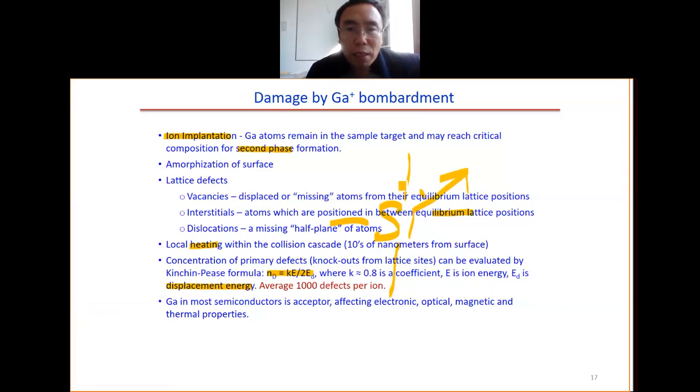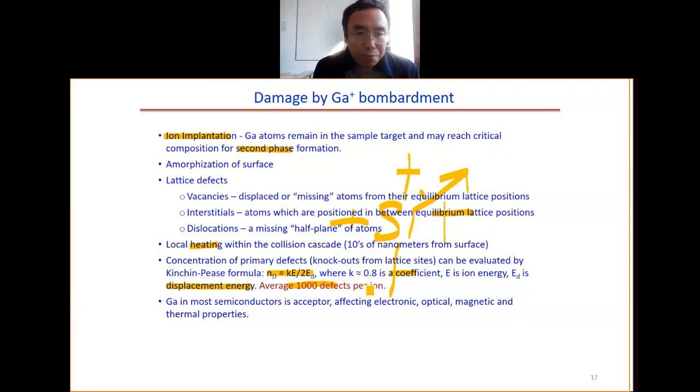You break 4 chemical bonds in order to kick this silicon out. This will be more than 10 electron volt, so ED is 10 to 20 electron volt. As a result, with 30 kilo electron volt and 10 to 20 electron volt, there will be on average 1,000 defects per ion. You can see a lot of defects will be created.